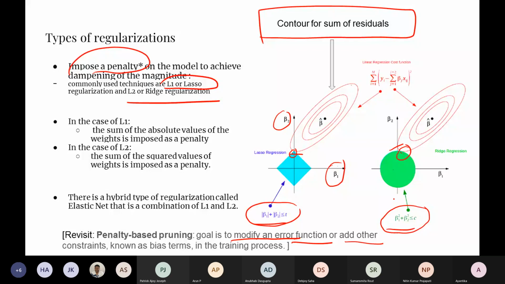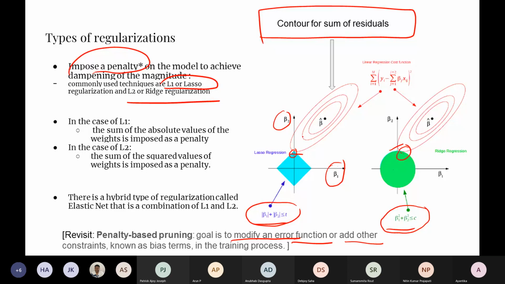There are some advantages. But when we particularly want to get some sparsity, we want to go for feature selection, and we want to check which weights we can remove, for which coefficients we can get 0 values, at that time lasso is better, because from the plot you can see it meets the contour at a certain tip point where one of your weights may be 0.